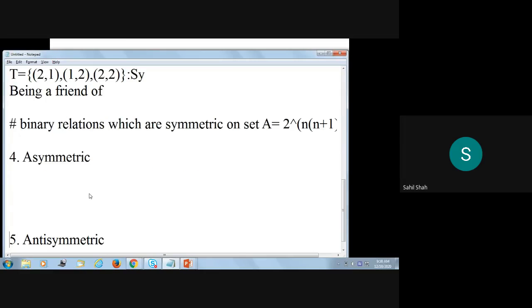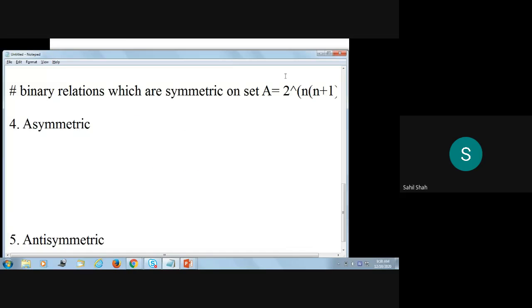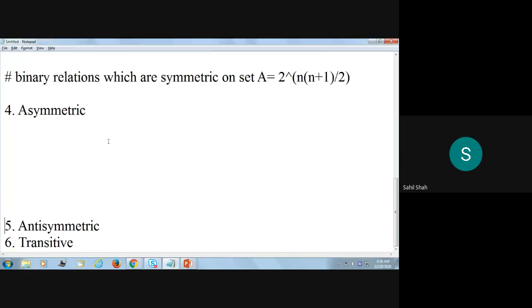Moving further, what do you mean by asymmetric binary relation? So how to define asymmetry?